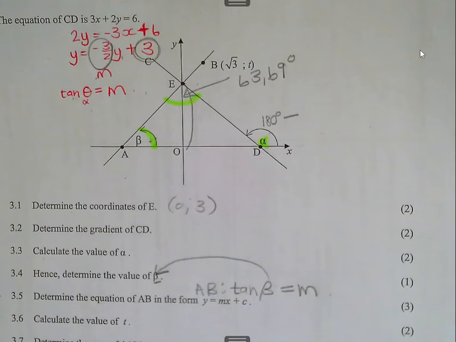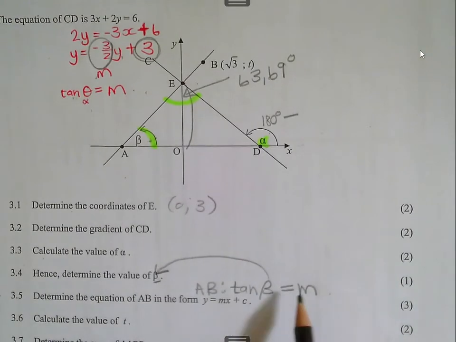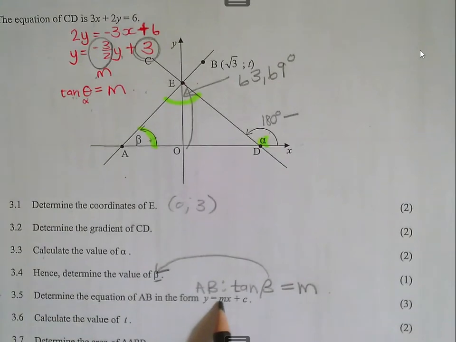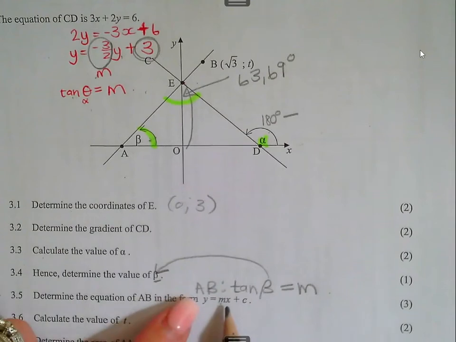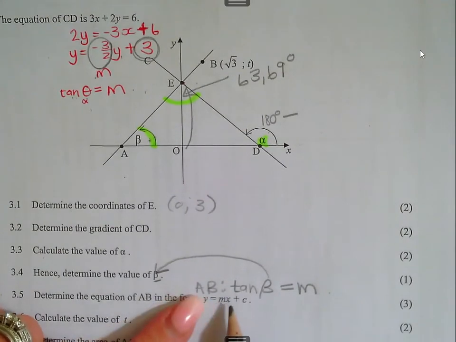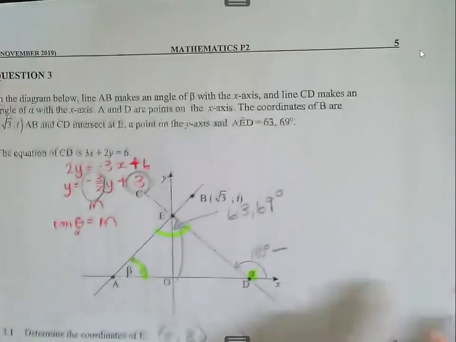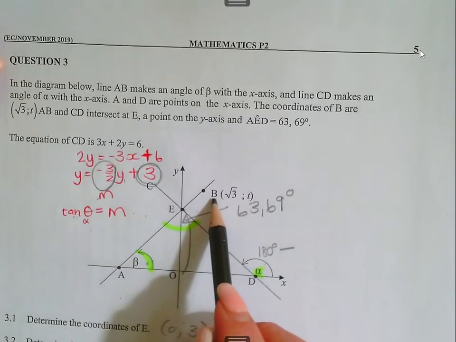Does that make sense? Okay. Then you can substitute into m because you've calculated it with the inclination. Now you just need another coordinate, the x and the y, to be able to calculate c. Now I have a coordinate B, but it doesn't have an x and a y.